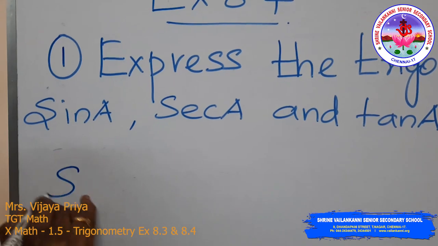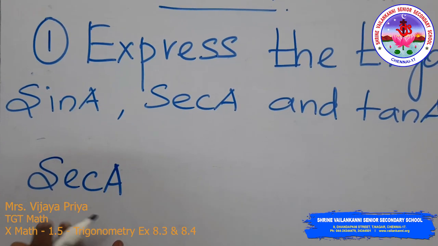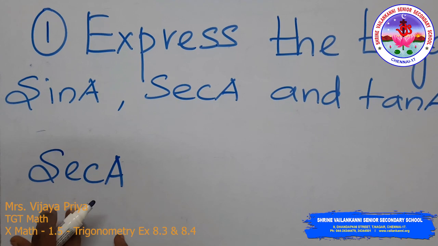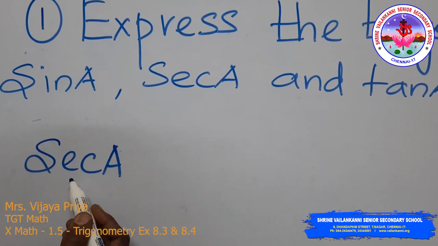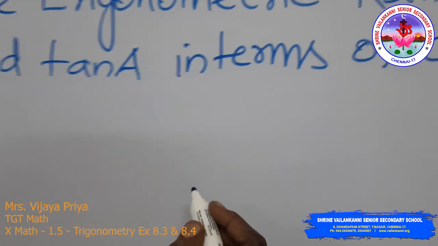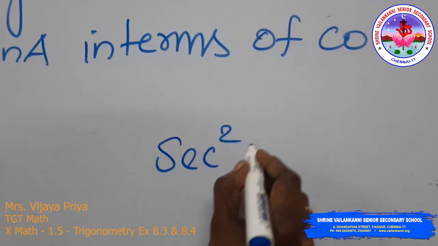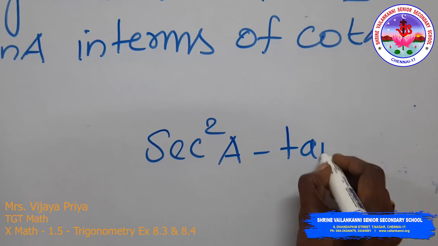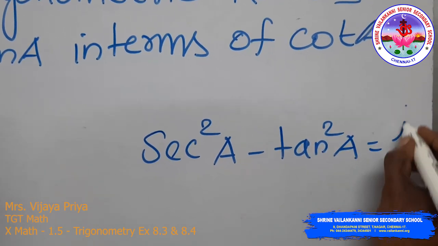The second function is secant A. I want to represent secant A in terms of cot A. First I want to write my secant A from my identity secant squared A minus tan squared A is equal to 1.